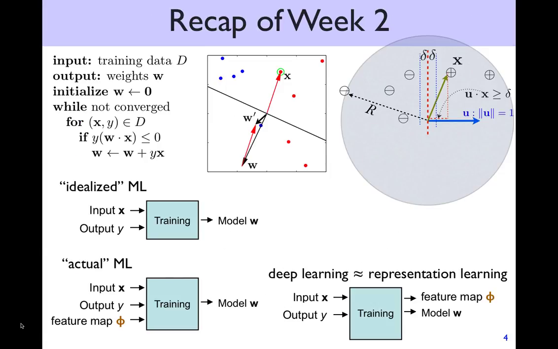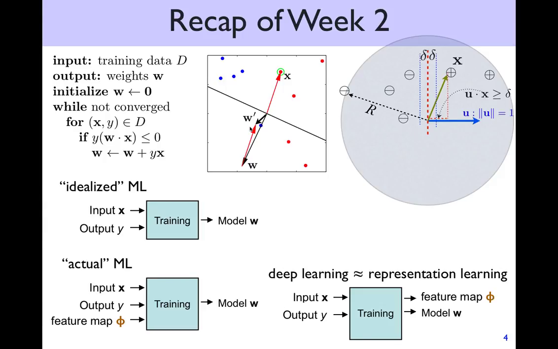Now, just to recap what we had in week 2, we talked about a perceptron learning algorithm, very simple algorithm, just goes through data until it converges, and every single time you made a mistake, you do an update, and the update is basically like added to the weight vector if it's a positive example, otherwise you kind of subtract it from the weight vector.